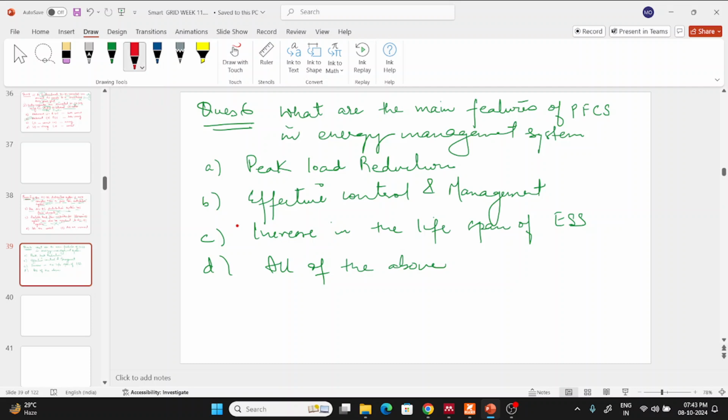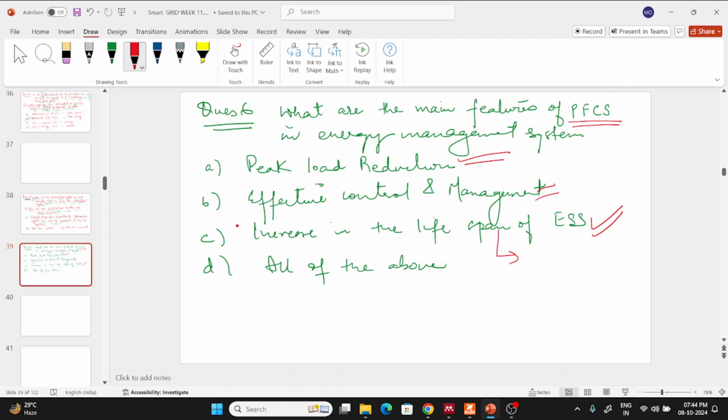Yes. Power control strategy is applied so that we can do peak load reduction, and there is effective control and management of various sources and load so that the effective utilization of available generation can be done. It also helps in increasing the lifespan of an energy storage system.